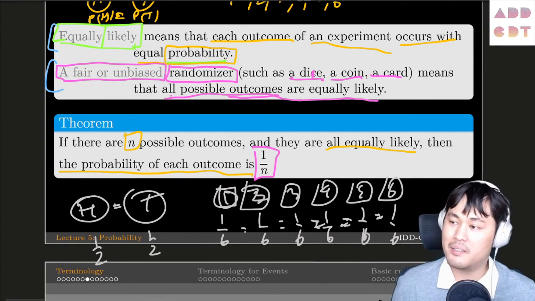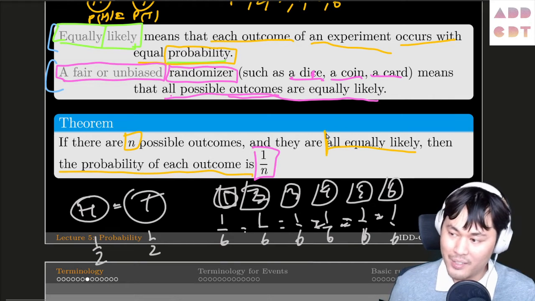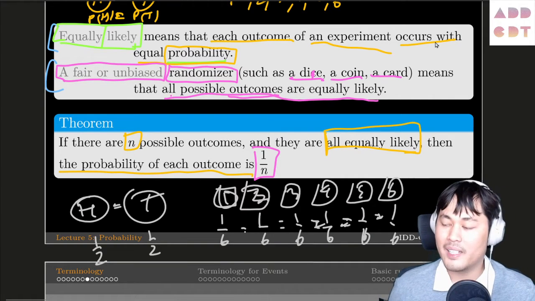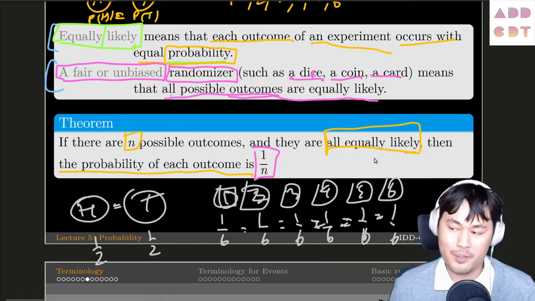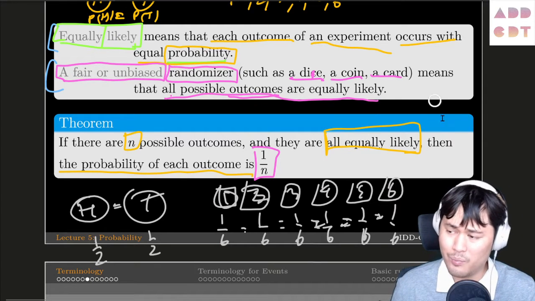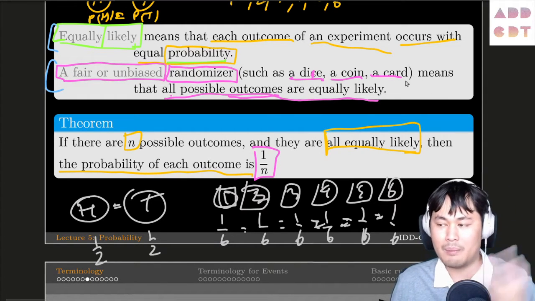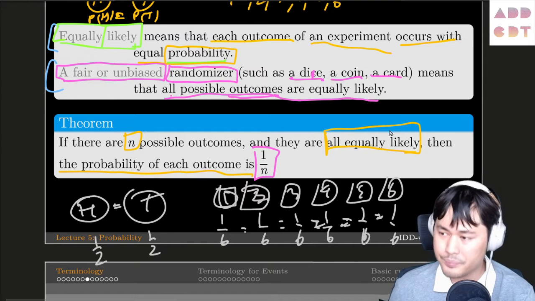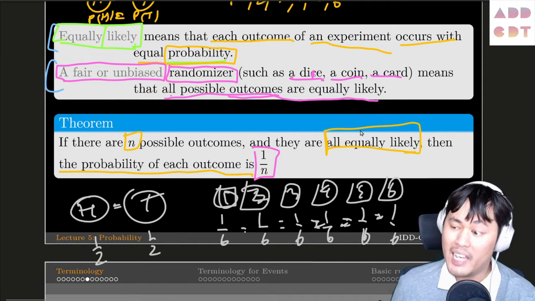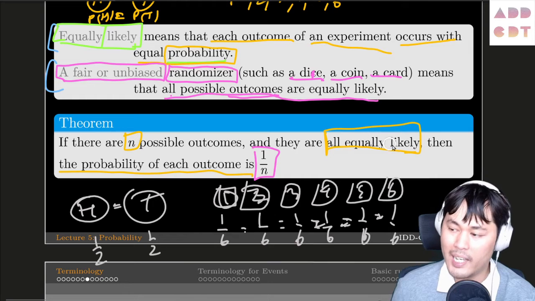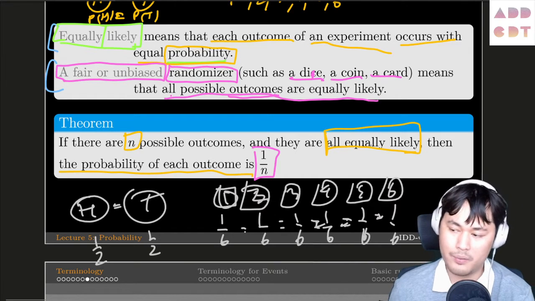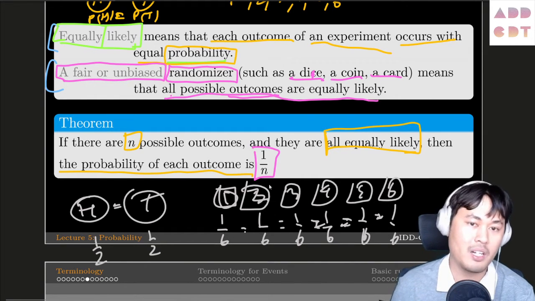But you have to be careful that the keyword here is equally likely. This is where people fail to realize when you encounter a new problem or unfamiliar events. Unless they are equally likely, then each outcome is 1 over that number of outcomes.